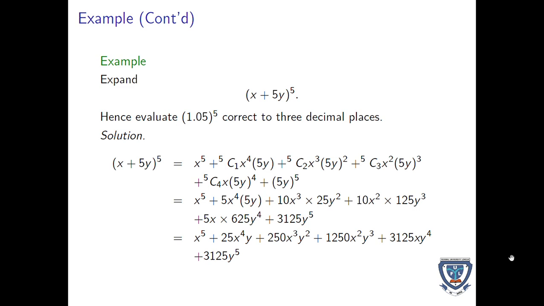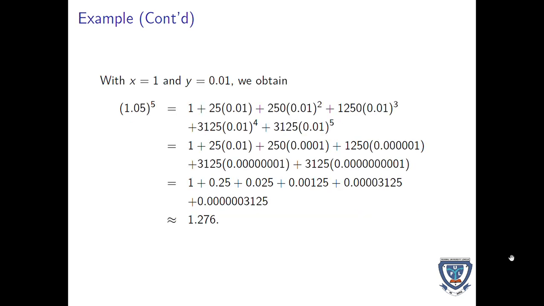So this is what you're going to have, but that is not all. With x equal to 1 and y equal to 0.1, we are going to obtain 1.05. What it means is I've been able to separate 1.05 into x and y, or if you like, into a and b. So when you substitute, anywhere I see x, I replace it with 1.